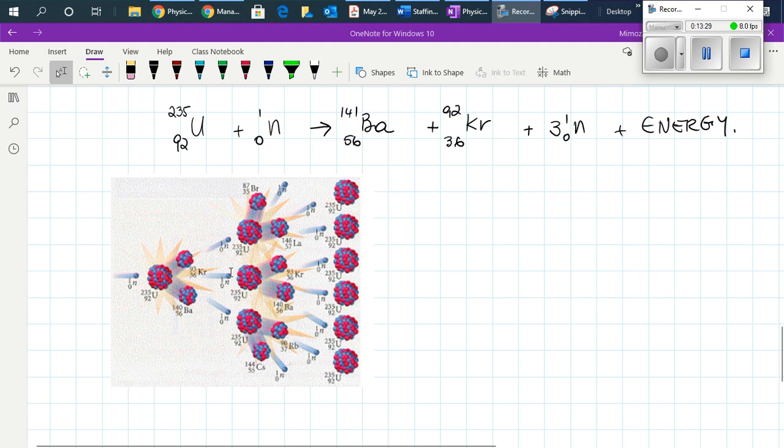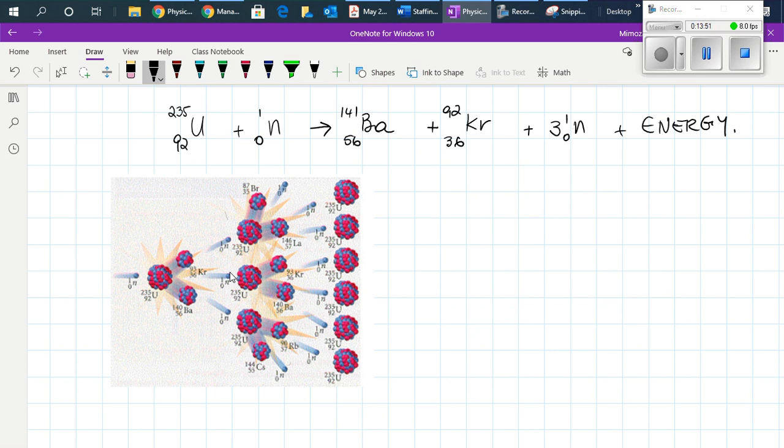So as you see here, a neutron is entering the nucleus of uranium-92 235, and then it is decomposed into 2 elements, krypton and barium, with different isotopes of those elements.